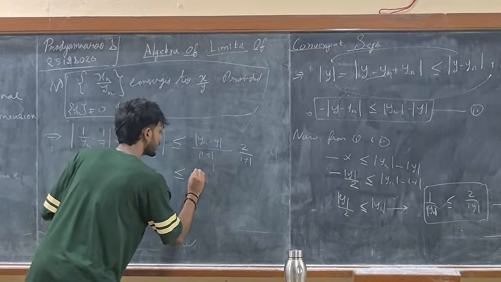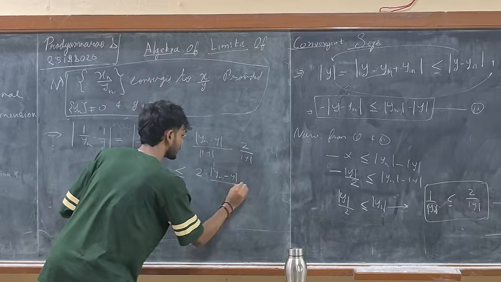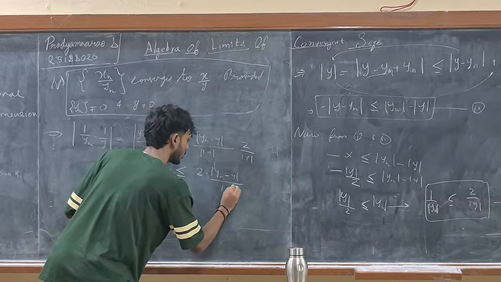If I write it in a better way, I will write it as 2 into mod y_n minus y upon mod y squared.